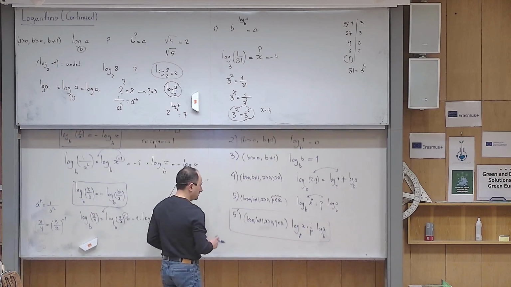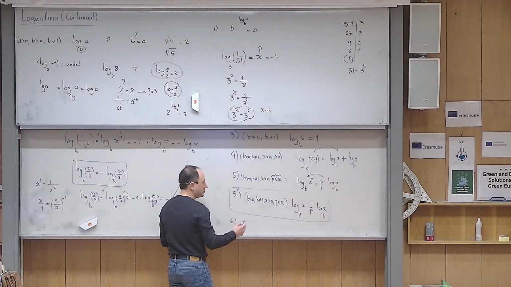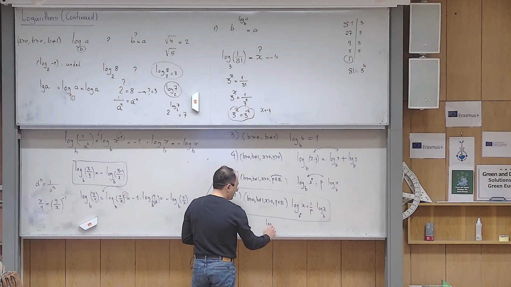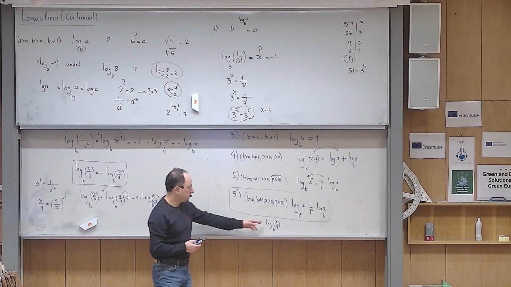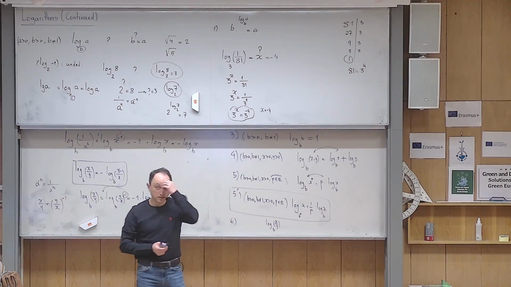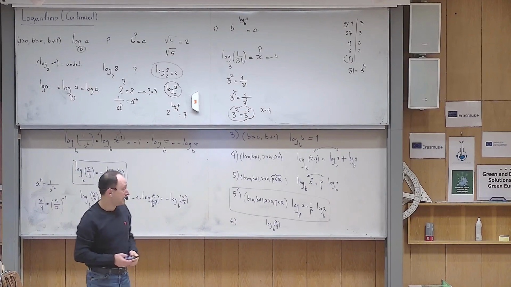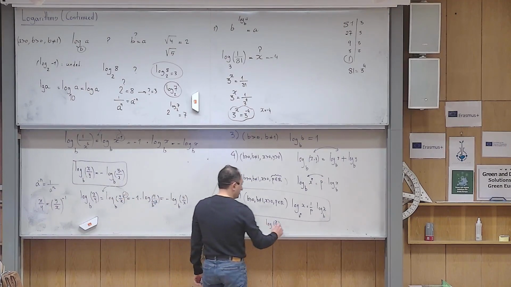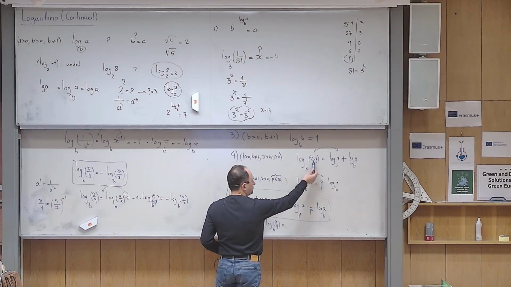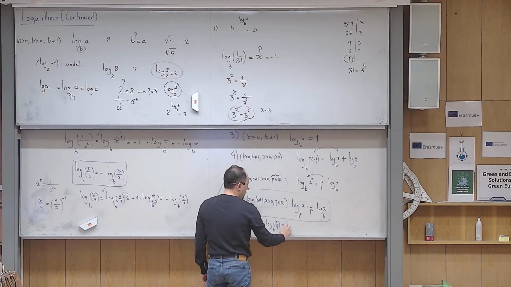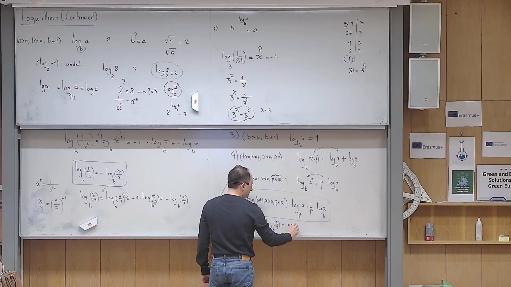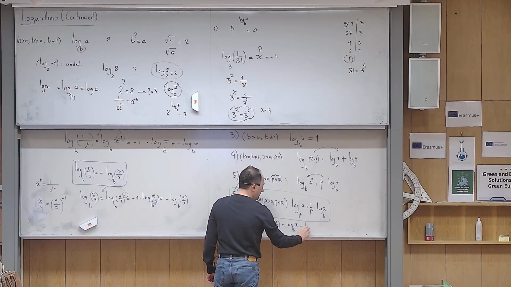And then let me write number 6. Number 6 tells me that if I have a log of a fraction to some base, what can I write in front? Can I split the log into two logs? The answer is again yes. But the answer is not very natural. You see, multiplication changed to addition, and this one will change to subtraction.